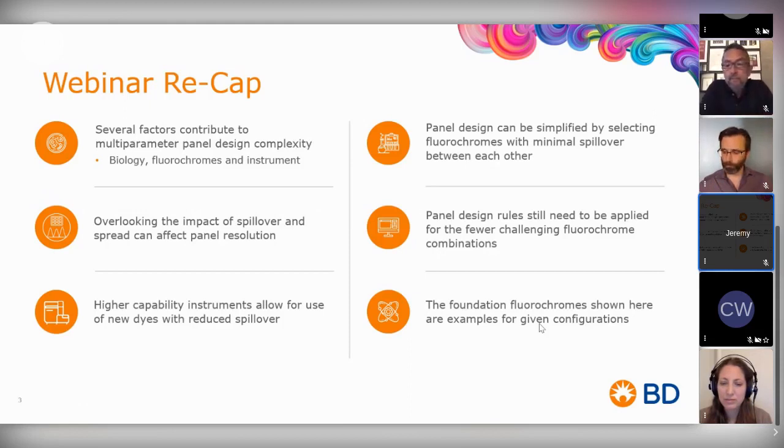And we also talked about how the higher capability instruments allow for use of new dyes with less spillover. And eventually, we showed how this can simplify panel design while allowing selection of fluorochromes that have minimal impact with each other. We also emphasized the panel design rules still need to be applied, even though we do a selection of fluorochromes with minimal challenges. So it's really critical to still understand the panel design rules.